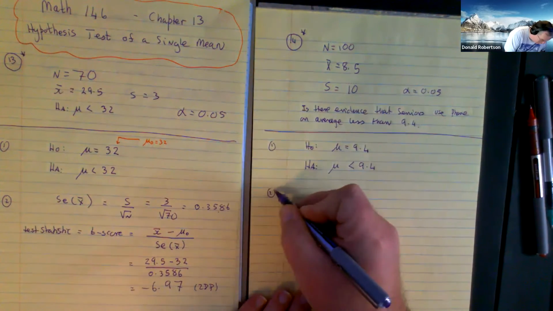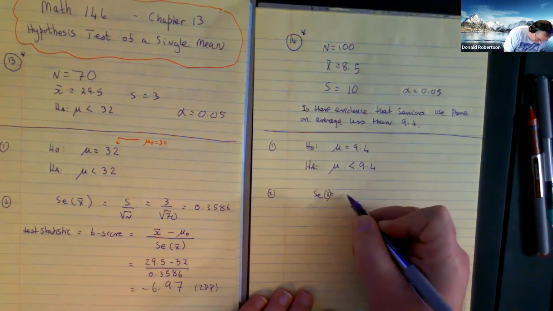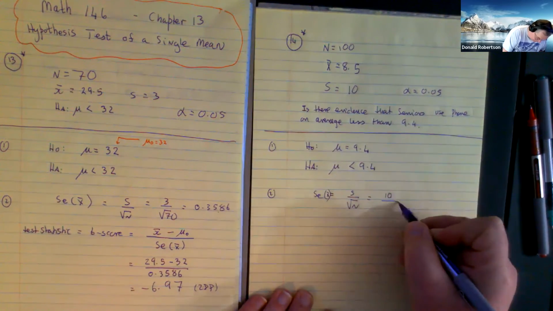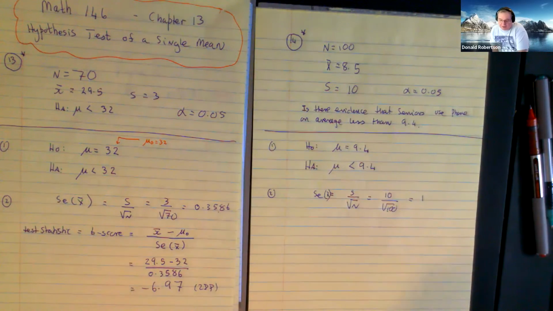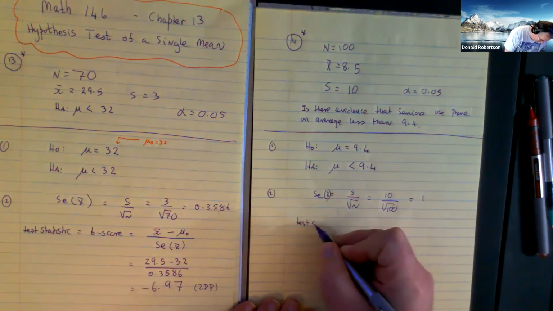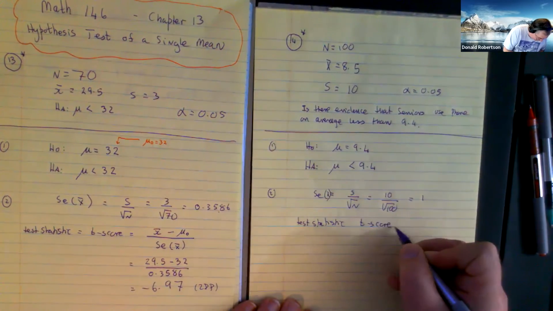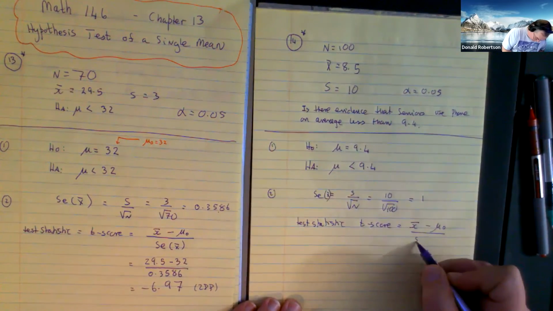So we get the standard error, which is going to get me my test statistic. The standard error of X bar is S over the square root of N. It's 10 over the square root of 100. I wish numbers were like that all the time. I could do that one in my head, the answer's 1. It's very nice, but kind of unrealistic. And so we get our test statistic, essentially what we call our t-score. It's X bar minus mu naught over the standard error.